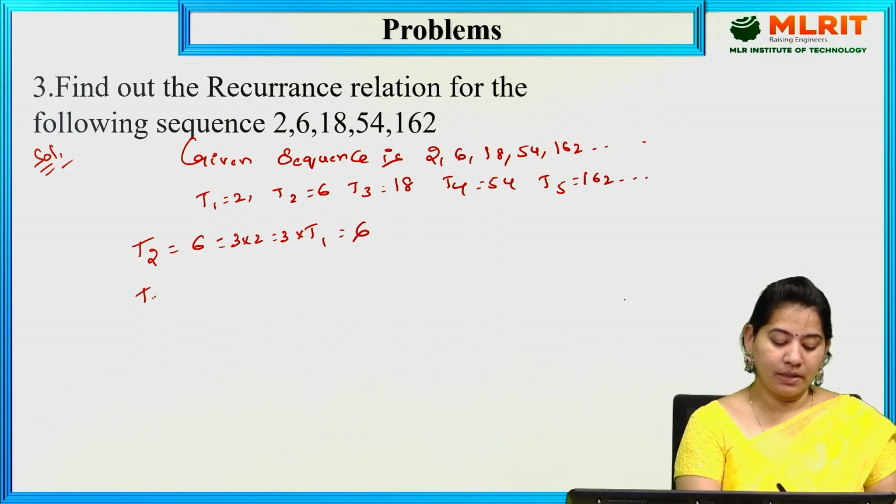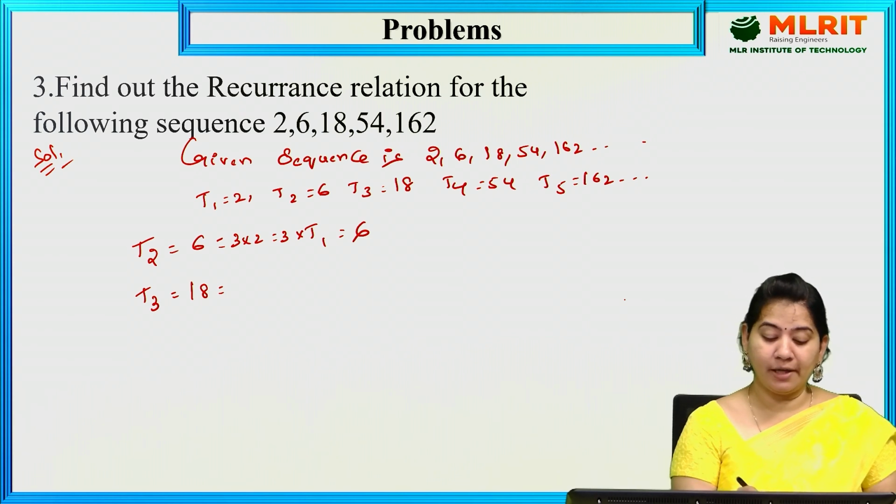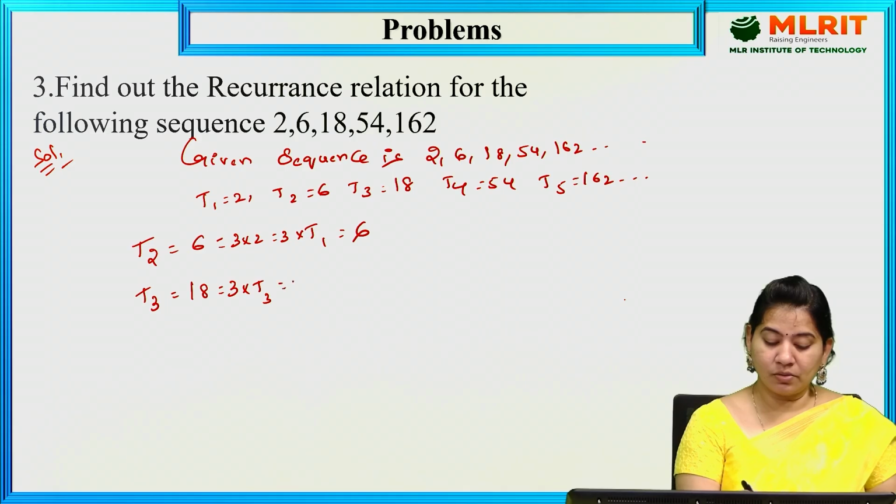Now T3 is equal to, what is T3 here? 18. In terms of 3, we can write 3 into 6 is 18, so 3 into T2.